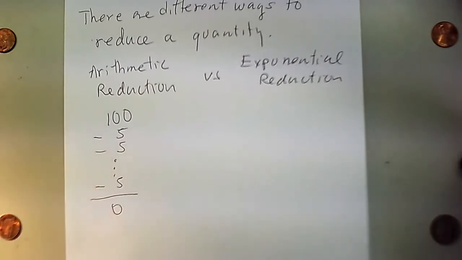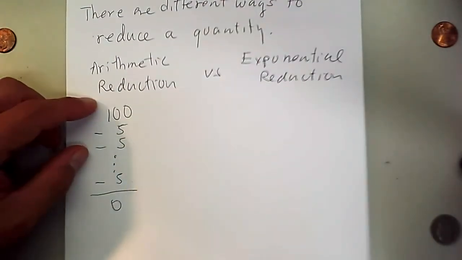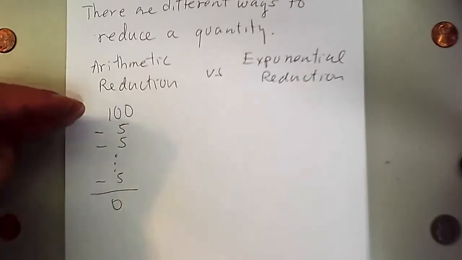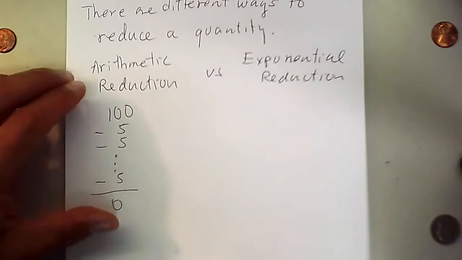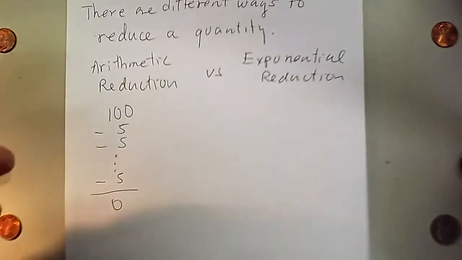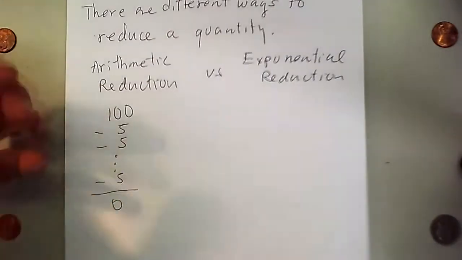I know this is a silly example, but the idea is that we usually think of reducing the number of tomatoes in the box from 100 down to 0 by taking the same amount each time. So that is called arithmetic reduction, arithmetic downsizing. You scoop away the same amount each time.